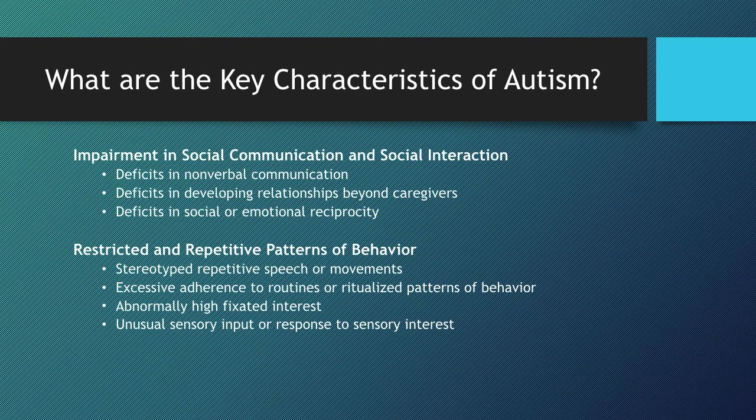And then in the category labeled as restricted and repetitive patterns of behavior, we have stereotyped repetitive speech or movements, excessive adherence to routines or ritualized patterns of behavior, abnormally high fixated interests, and unusual sensory input or response to sensory interest.